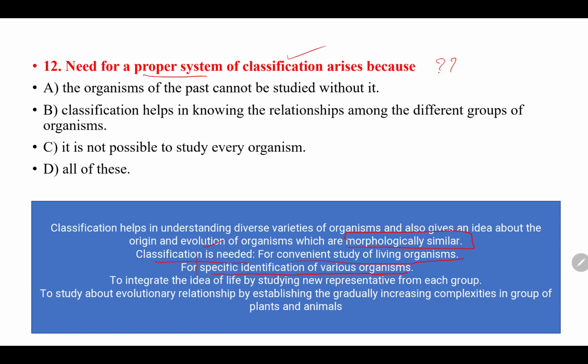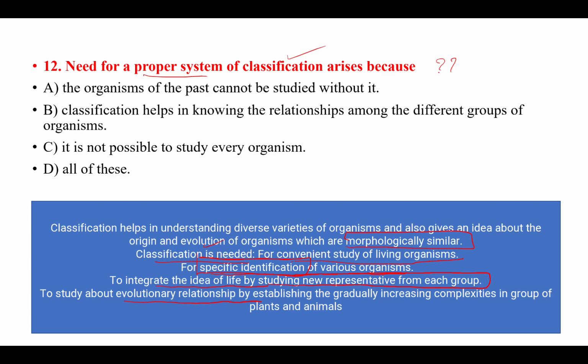So this is called specific identification. For the specific identification, we need a classification. And the third thing is to integrate the idea of life by studying a new representative form from each group. And in order to study evolutionary relationships, we need this.